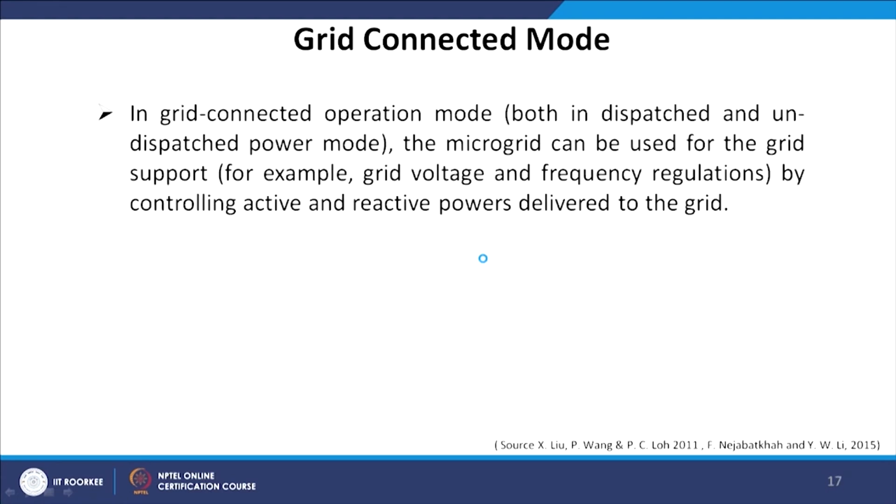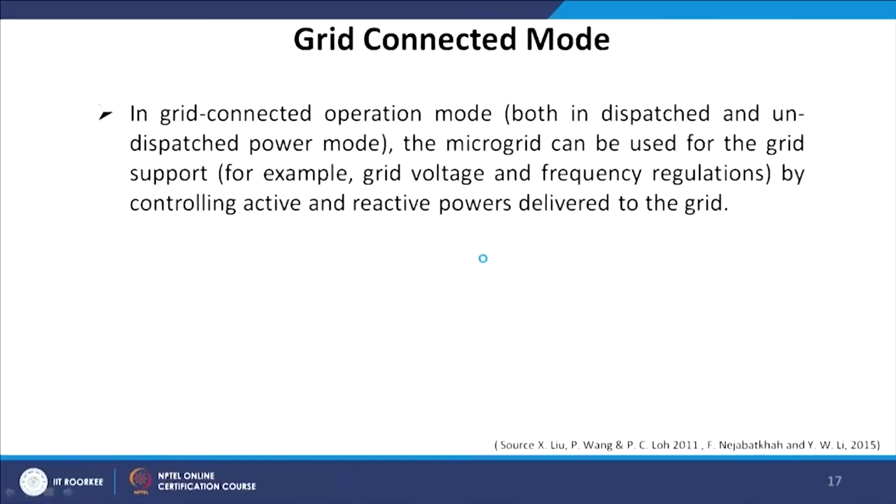In grid connected operation mode, both in dispatched and undispatched power mode, the microgrid can be used for grid support. The microgrid will be connected to the main grid as a grid support, for example, grid voltage and frequency regulation. Means it is basically supporting the grid by controlling active and reactive power delivered to the grid, so that the voltage and frequency regulation can be achieved as desired by the main grid.